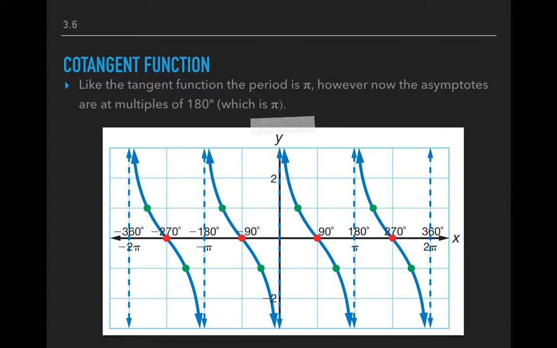Also, for the tangent function, at 90 and 270, there were asymptotes. Now, there are zeros. So it kind of flip-flops. Where there once was an asymptote, now there's a zero. And if for the tangent it was a zero, now it's an asymptote. You'll want to put those side by side to contrast them.